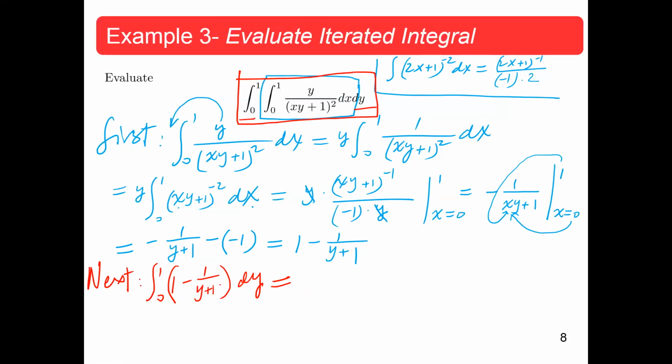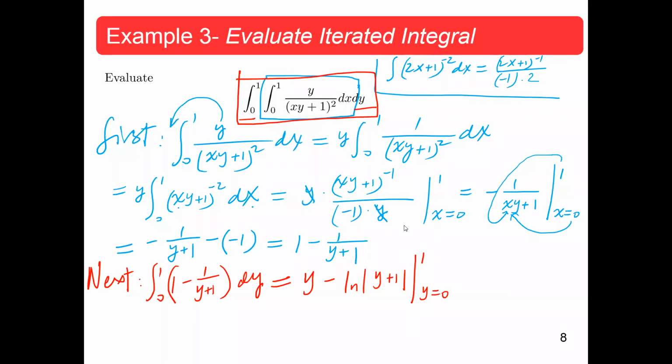What's going to be the antiderivative? y minus the natural log of y plus 1. Good. 1 will just match y, and the reciprocal function will just match the natural log function for antiderivative. All right, so y starts at 0 and ends at 1.